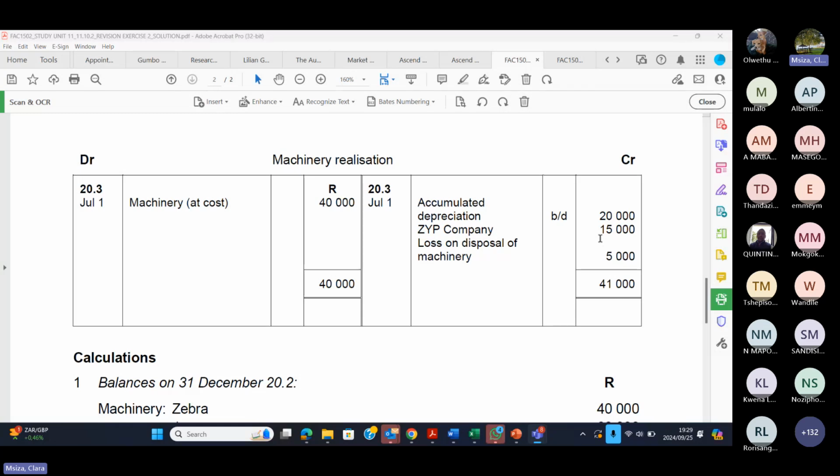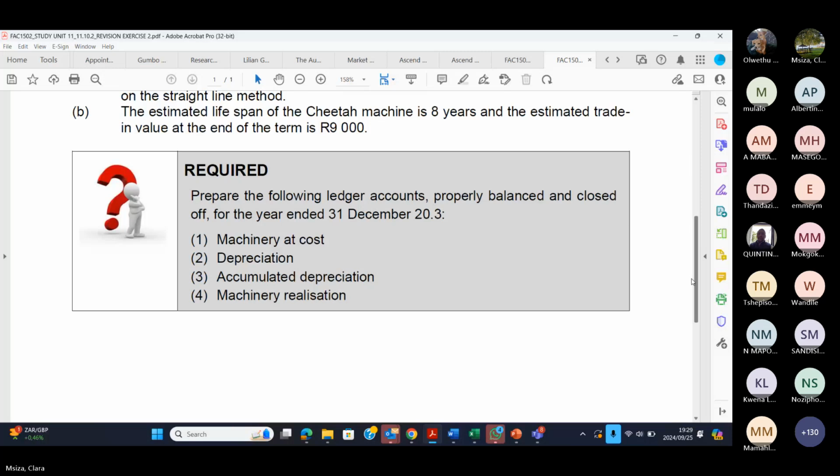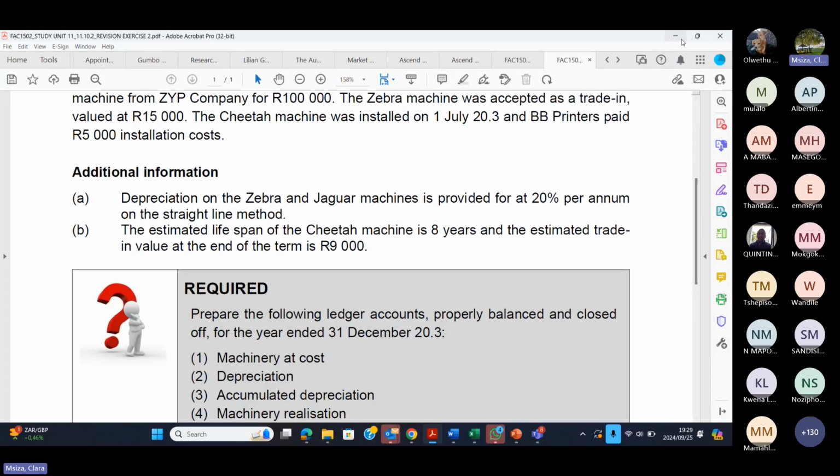We did not get this money into our bank account, but they allowed us to take that as the Zebra machine and value it at 15,000. Then we had our accumulated depreciation. And remember, we bought this machinery for 40,000. Because this is the only machine that was sold, it is the machine that is going to appear on our machine realization account, which is our required number 4. Can you see how easy it is?